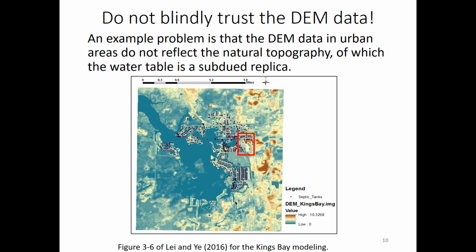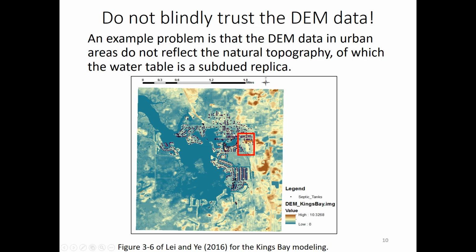It has been carefully processed and gone through QA/QC procedures, but this is a DEM not made for your ArcNLET modeling. For example, in the urban area, it reflects the developed DEM, like parking lots and buildings, and they do not reflect the natural topography of which the water table is a subdued replica.